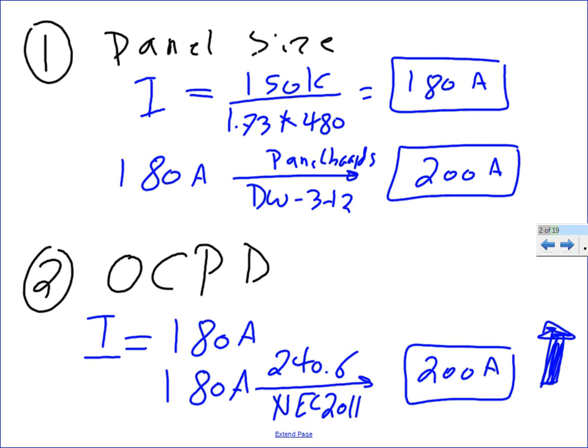Rule of thumb, safer. You're going to see me going down, guys, in some applications. In smaller panels, it doesn't bother me to go up, like 200 amp in this case. But when we reach the 1200 amp and 1600 amp panels, you start to be very cautious about going up a lot.